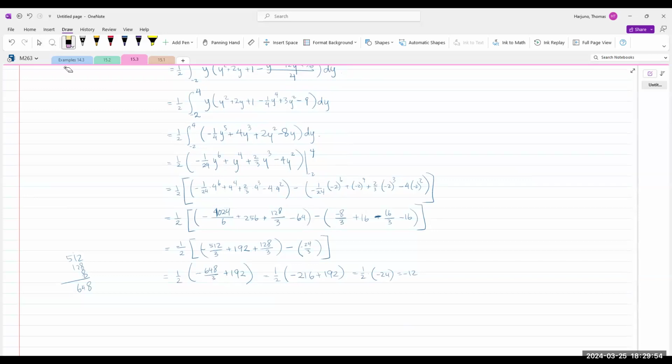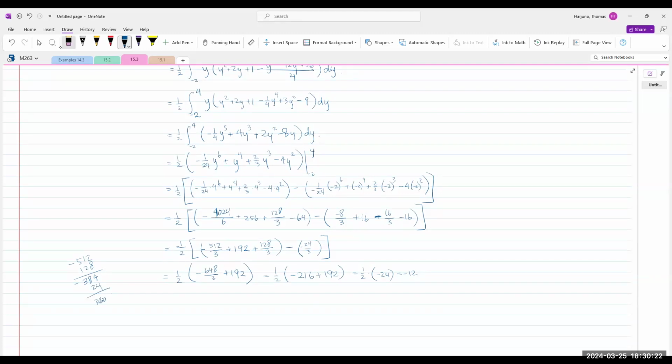Okay, so now I have negative 512 plus 128. When I subtract that, that's 148 over 3. Is it right? And then plus 24, that's 360.